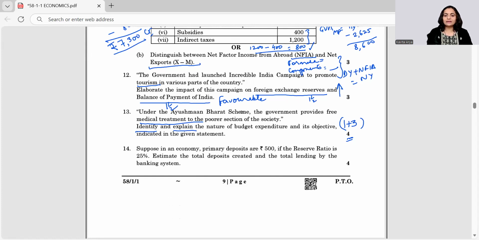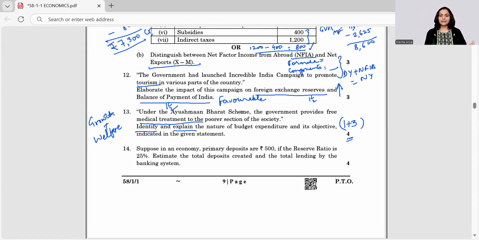So you have to identify the objective. Beta, the government has got 2 types of functions. One is the growth function and the other is welfare function, right? So when we talk about growth and welfare function, here in this context, what is government doing?